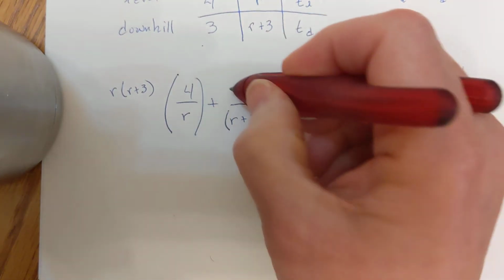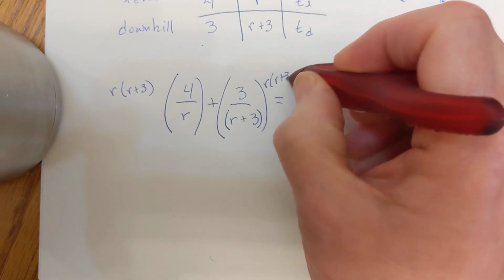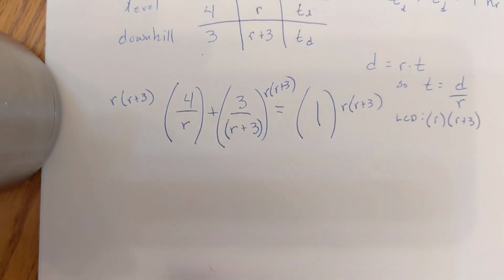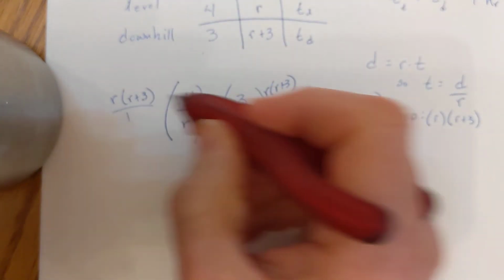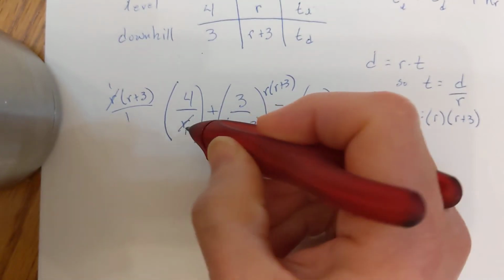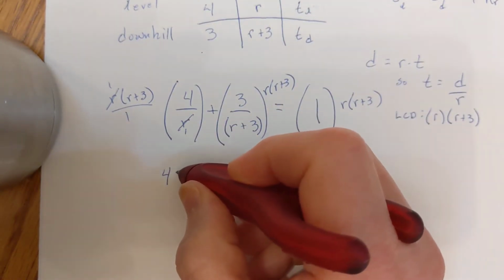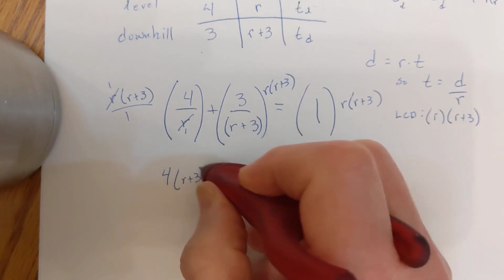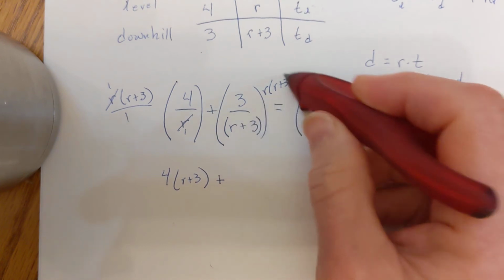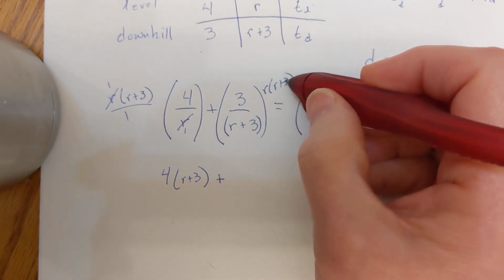I'm going to distribute R times R plus 3, and I'm going to multiply. So here I can divide out an R in the numerator with R in the denominator, and I get 4 times R plus 3. This is a plus 3 over R plus 3 times R plus 3.